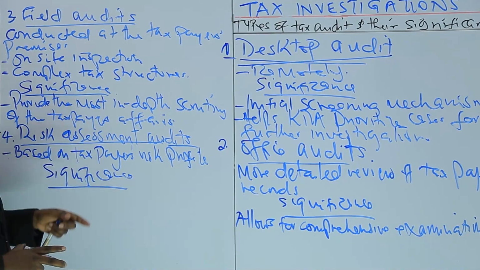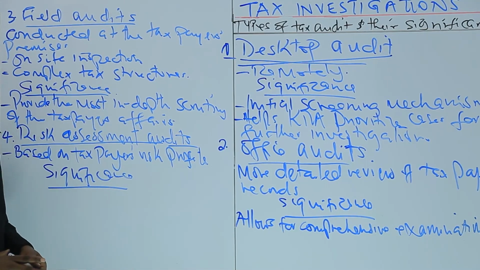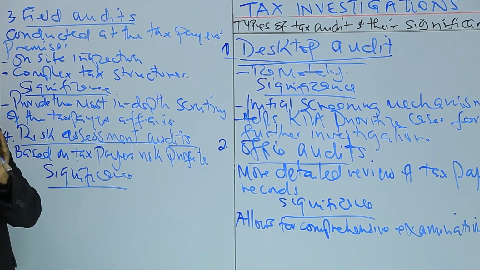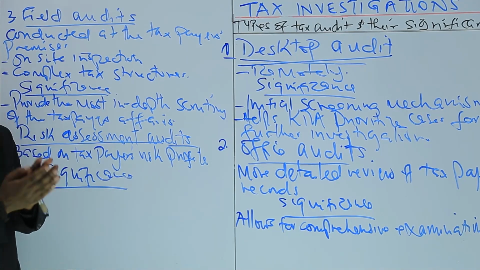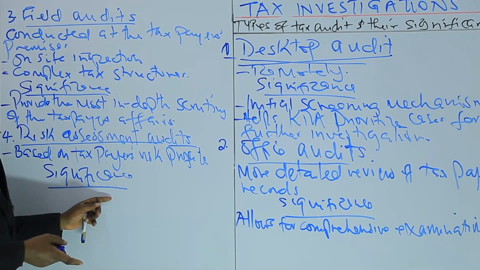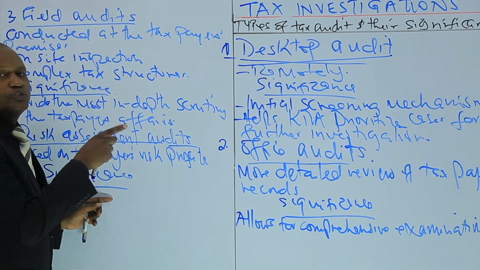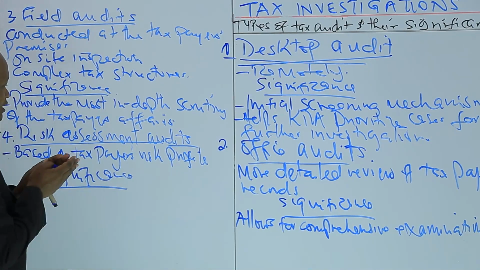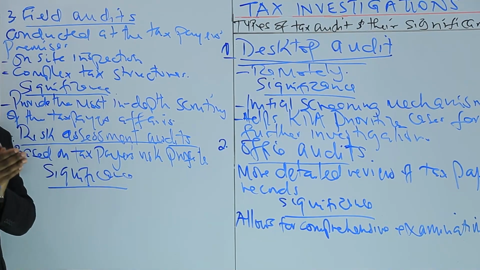So the significance is that it helps KRA focus its audit resources on taxpayers with higher risk of non-compliance, so that the authority does not waste resources on institutions where there is no probability of non-compliance.